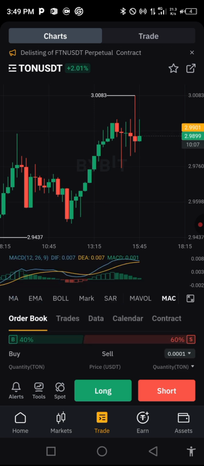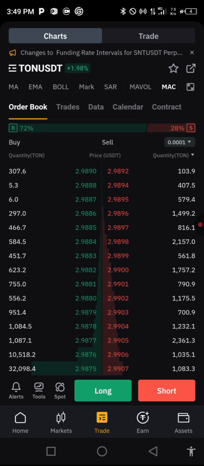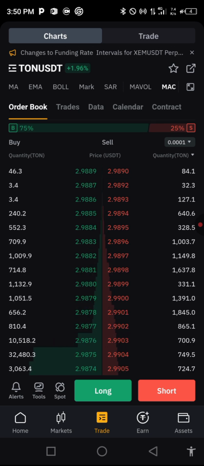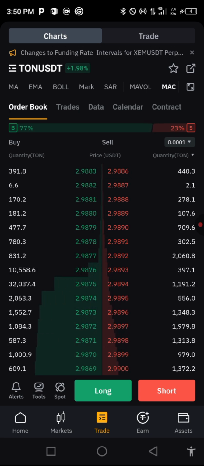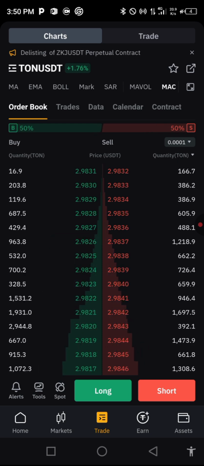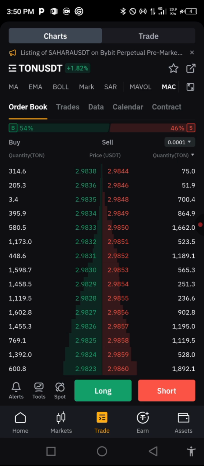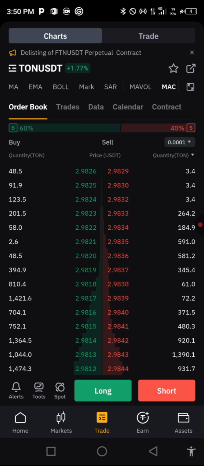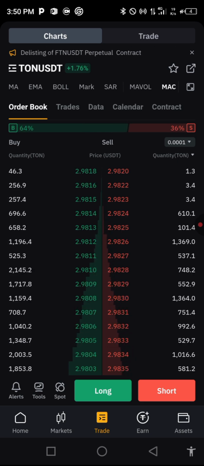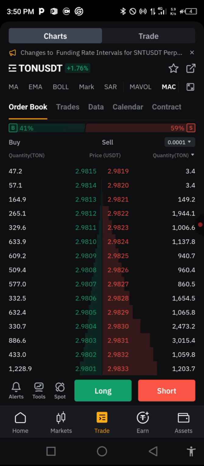Okay, then once you go down here, you will see order book. Order book simply tells you people that are buying and people that are selling at the same time, right? The depth that we saw before, which is the supply and the demand in the market, is actually the graphical representation of this order book, right?